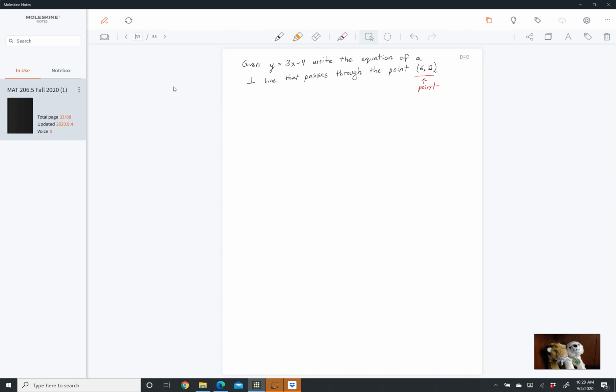This is the point that we're given. And we're also actually given the slope. And the slope comes from this line that we're given here, y equals 3x minus 4. So this line that you're given, you're going to use this to find the slope. That's the only thing that you use this for.